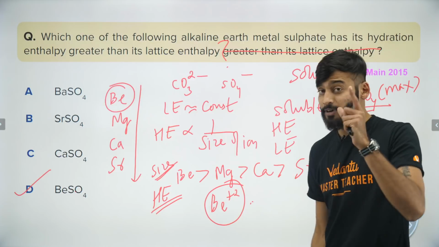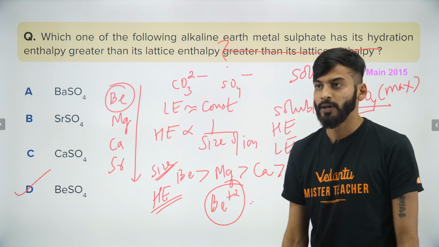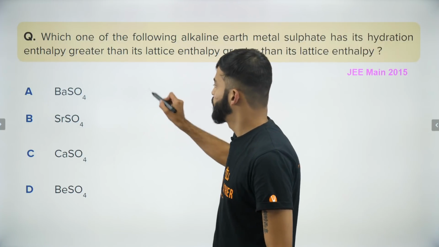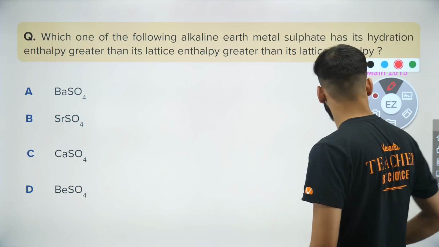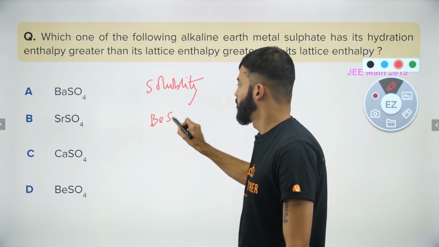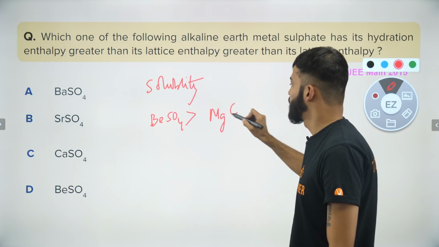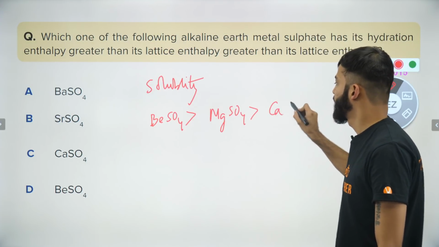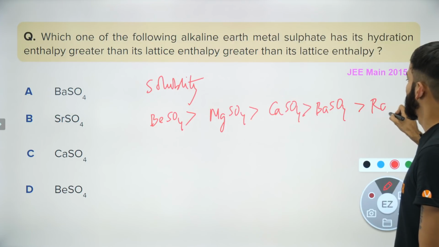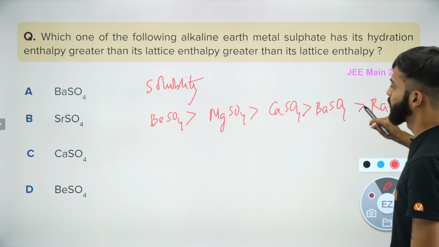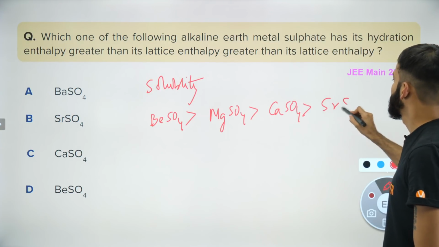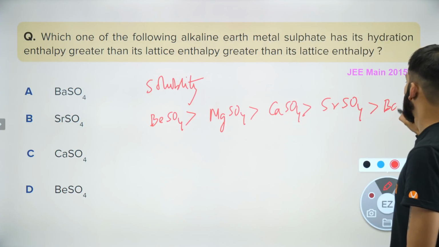I'll write one more point here. एक और चीज़ देखो. If I talk about solubility, beryllium sulfate will have the highest, then the rest decreasing.